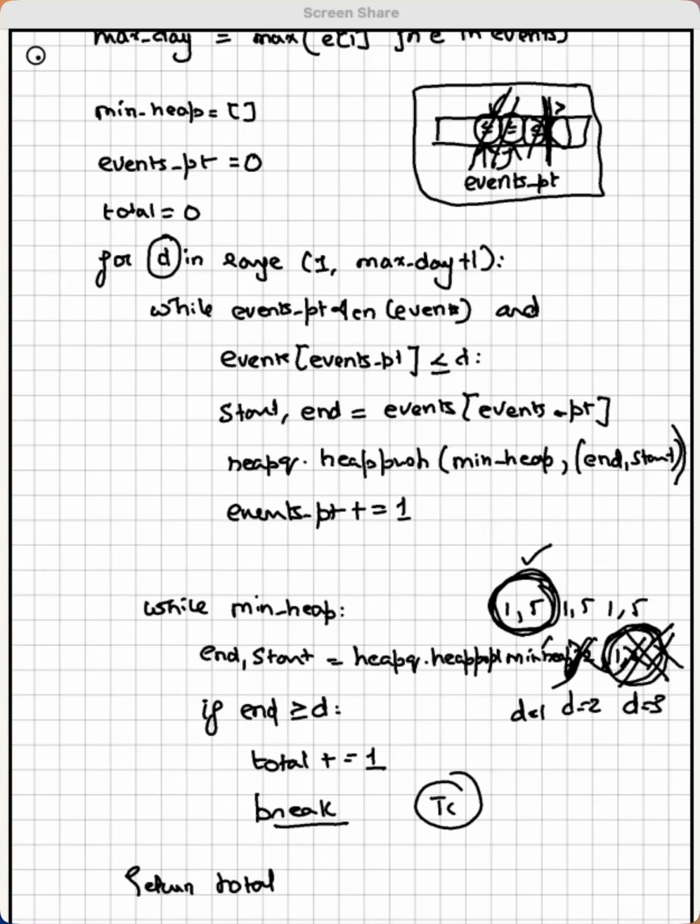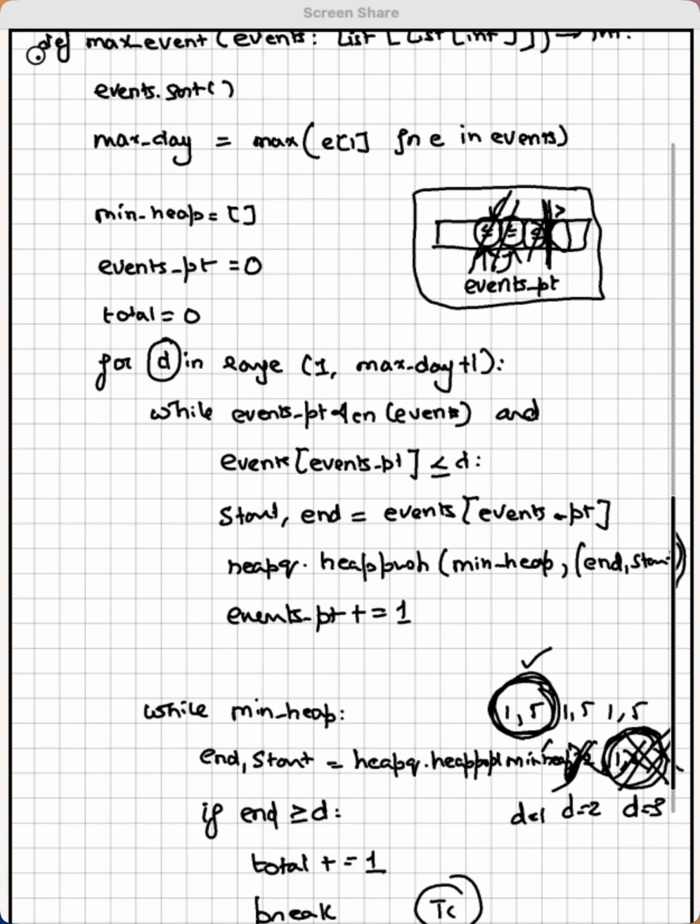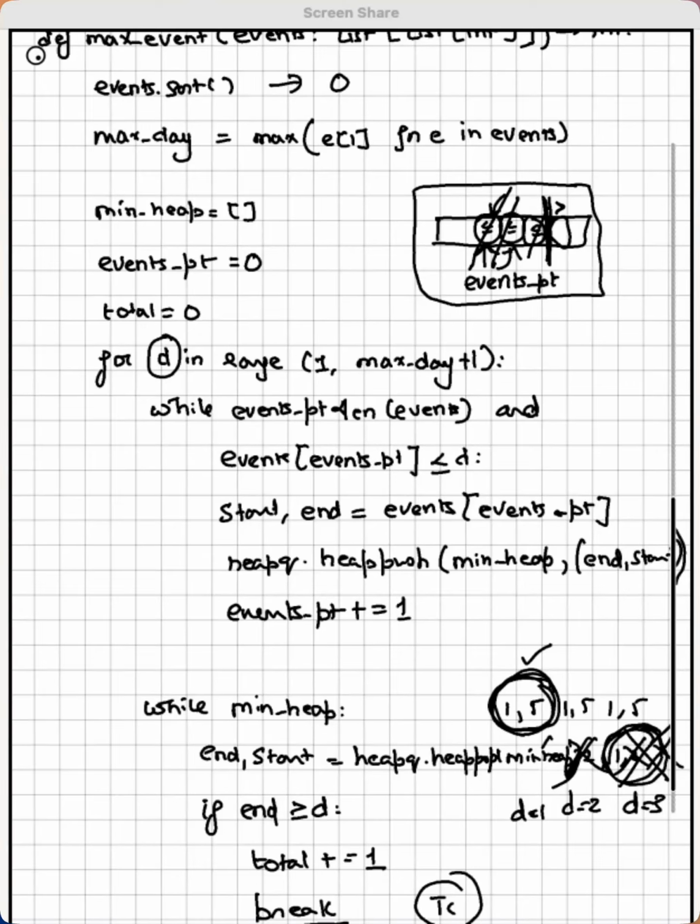Now if you look at the time complexity here, we are spending n log n for sorting, and then for the max duration, let's say we had one event starting every day, then for every n I am pushing it to the heap.